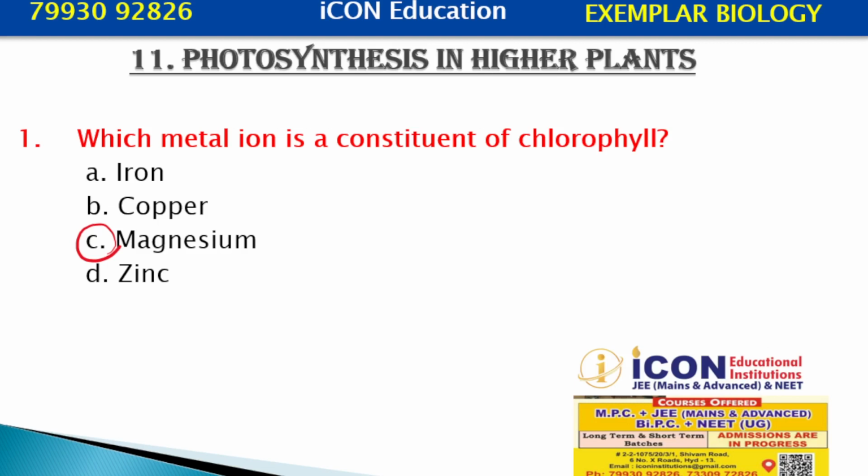So the metal ion which is a constituent of chlorophyll is magnesium.